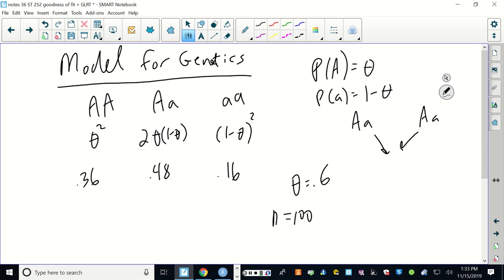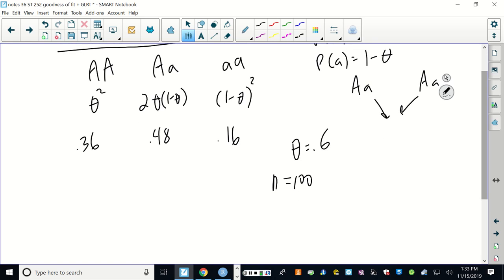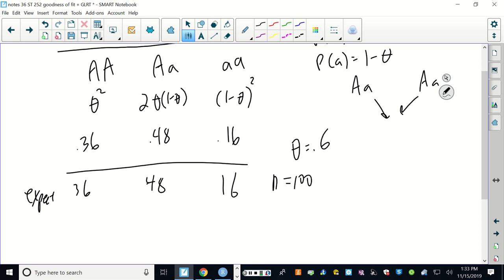Then it's simple to say we would expect n times these probabilities to occur. We're going to have 100 people, and we're going to genetically type them according to this. And so we would expect, in that case, to see 36, 48, and 16. So those are the implications of a model.